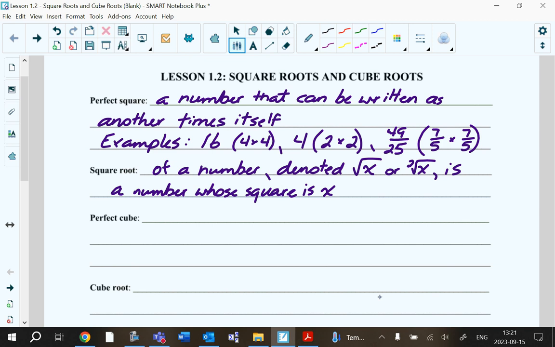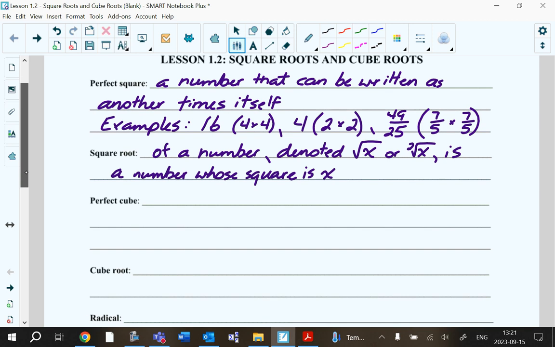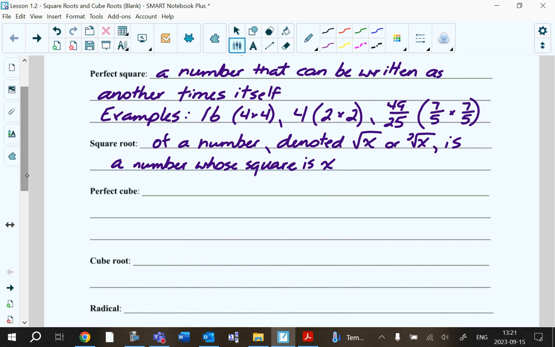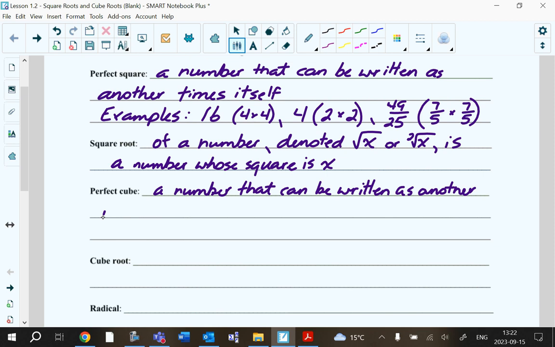What do you think a perfect cube is? Not times 3. Right. A number that can be written as another number times itself times itself.